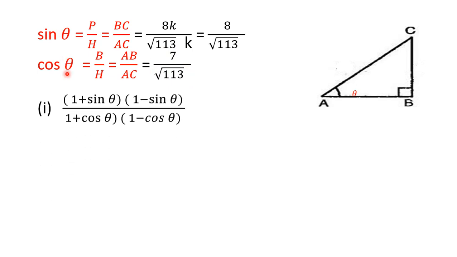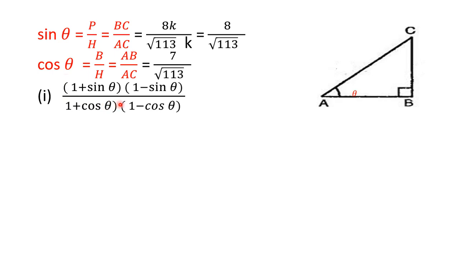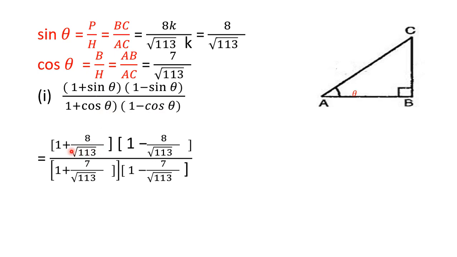Let us take the first part of the problem, (1 plus sin theta)(1 minus sin theta) upon (1 plus cos theta)(1 minus cos theta). Now we will put the values of sin theta and cos theta in this expression. So we get (1 plus 8 upon under root 113)(1 minus 8 upon under root 113) in the numerator, and in the denominator (1 plus 7 upon under root 113)(1 minus 7 upon under root 113).